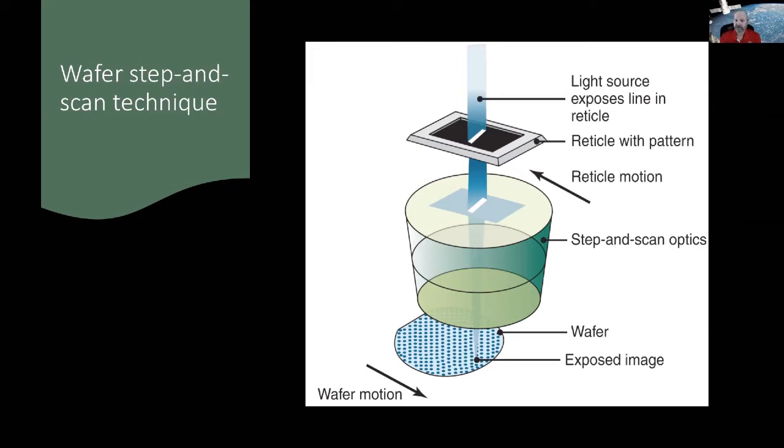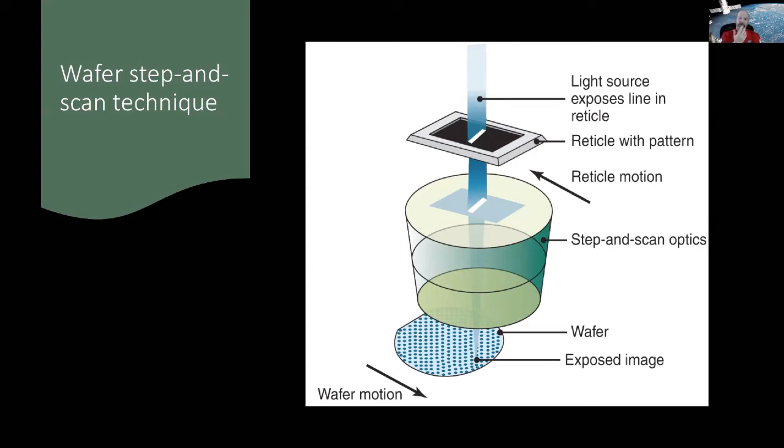I was in industry when they started bringing in step and scan tools, and they were another order of magnitude more expensive than just the steppers alone. But to give you an example of why industry switched to step and scans: one, they can make smaller stuff. You make smaller stuff, you get faster computer chips, and you can put more chips in a square inch on the wafer.